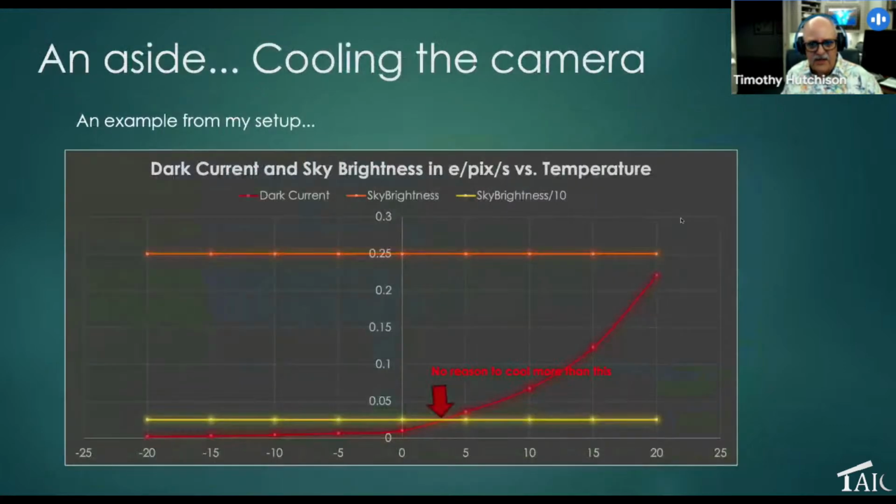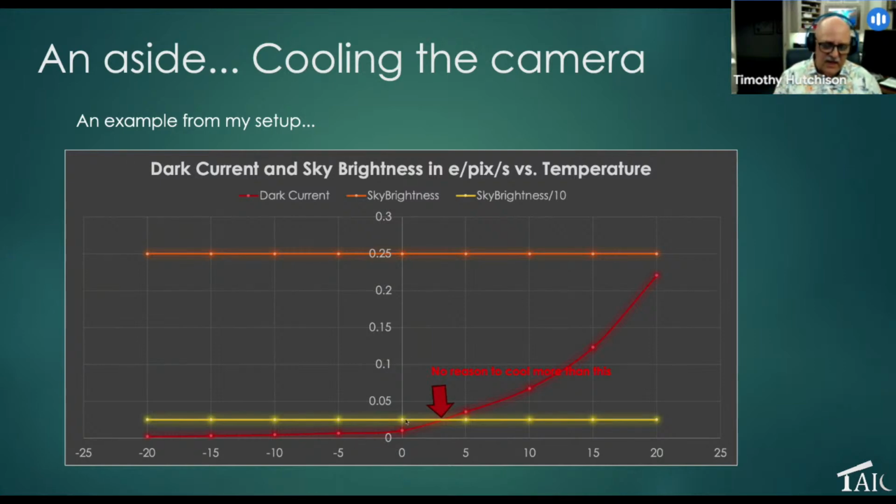So I guess what John's trying to say is, well, if it's 5 degrees outside, we need to cool down below 5 degrees, or if it's 0 degrees, we need to cool down below 0. I understand where he's coming from on that. I don't know how many of us are out there imaging much below those numbers.